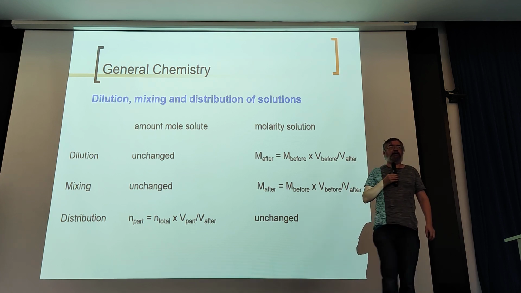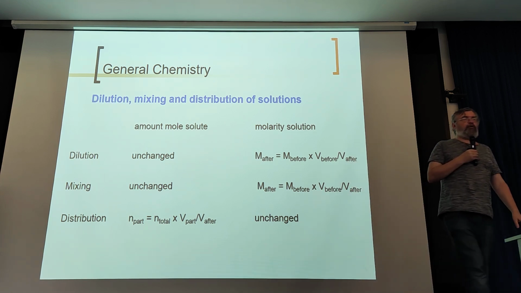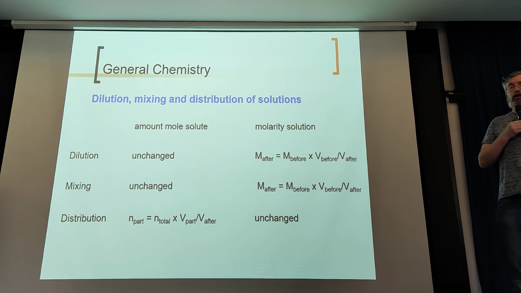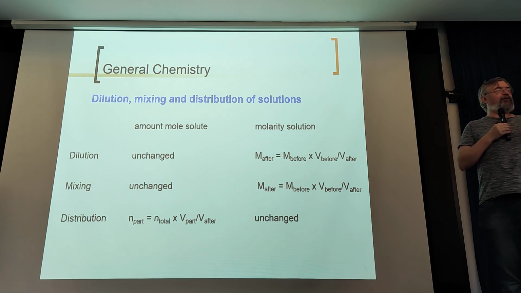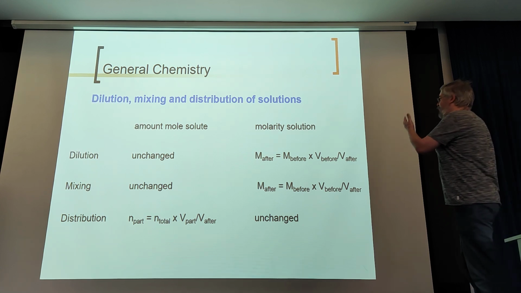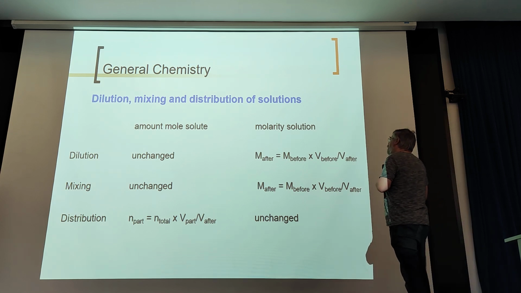Sometimes I use again the example of alcohol. People drink alcohol because it has an effect on their body. How much effect depends on the amount of mole of alcohol that you're drinking. Of course in a chemical lab it's different, but let's see the analogy here.